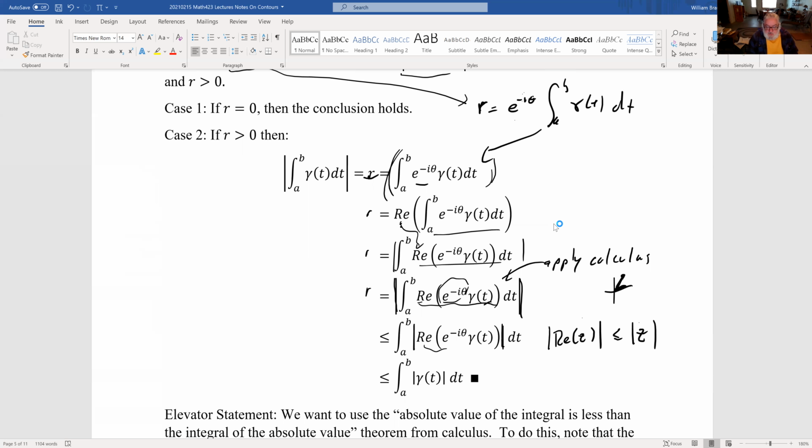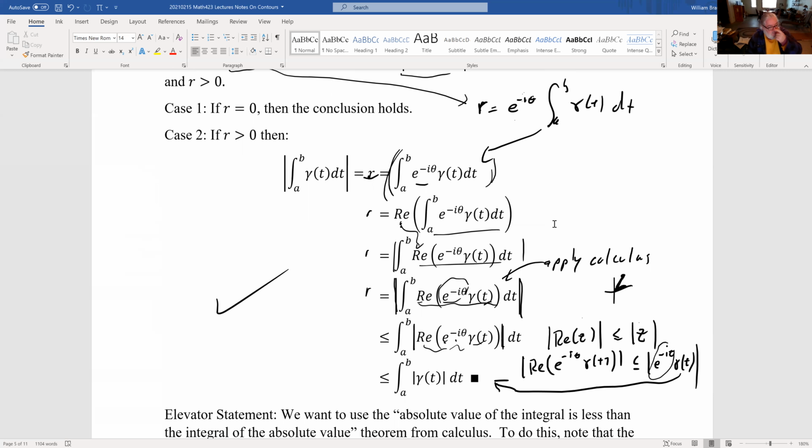So this whole thing is less than or equal to the modulus of e to the minus i theta gamma of t. The modulus of that is just 1, so we're left with that.